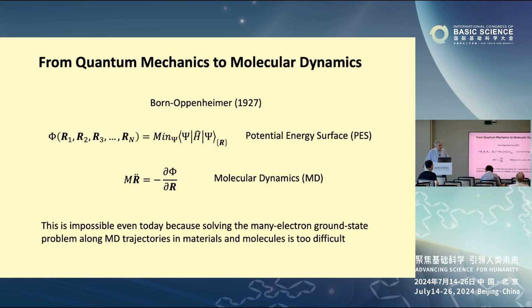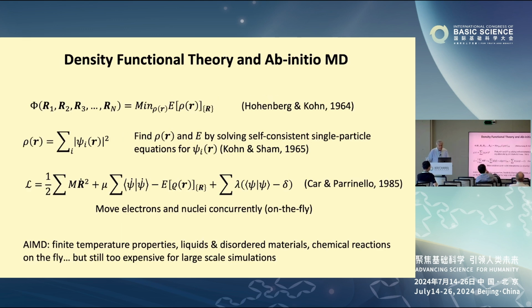So some approximation had to be made, and the important steps are given here. A very important step was the introduction of density functional theory. In density functional theory, instead of minimizing the energy, the expectation value of the electronic Hamiltonian over a many-body wave function, we minimize an energy functional that depends only on the density.